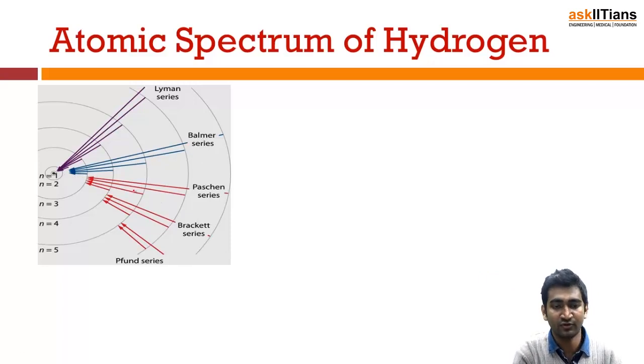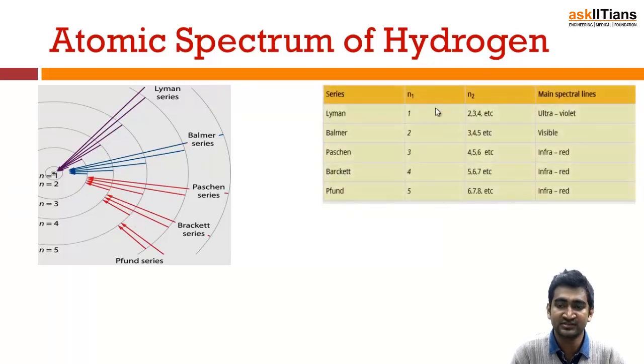Again, for the Paschen series, we can interpret the lines from a high state to the n equal to 3 state. So this can be the chart.